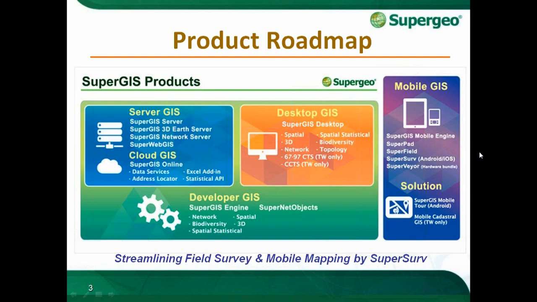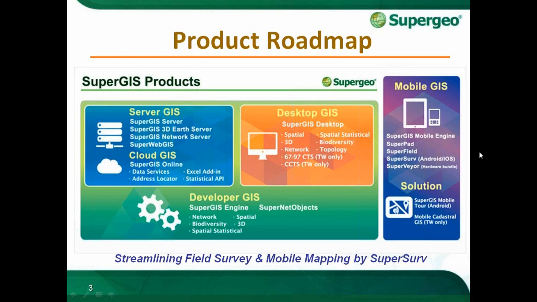In our past experience of interacting with users in international exhibitions or user meetings, many users were requesting a mobile GIS app on smart devices. For example, you can see from our product roadmap, we have different mobile GIS applications. SuperPad is for ruggedized devices working with Windows or Windows Mobile OS.